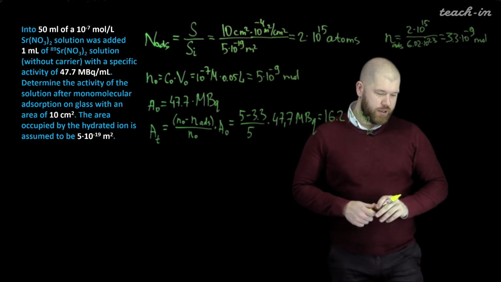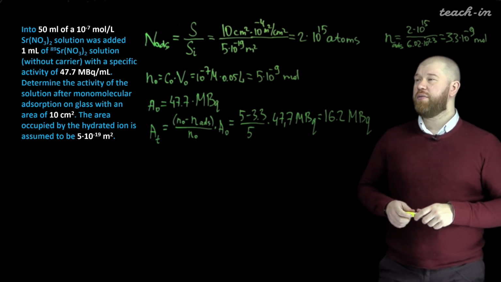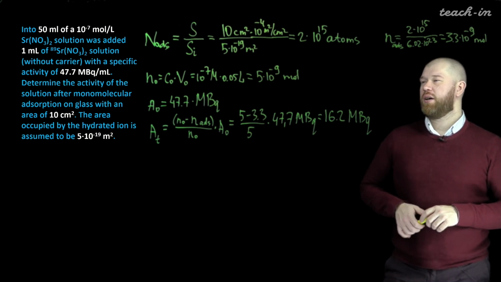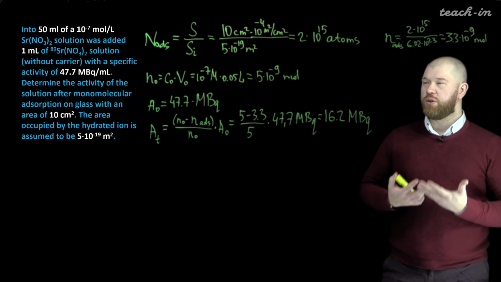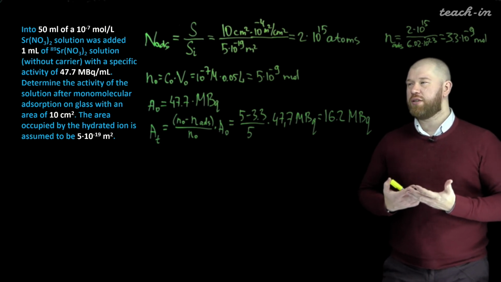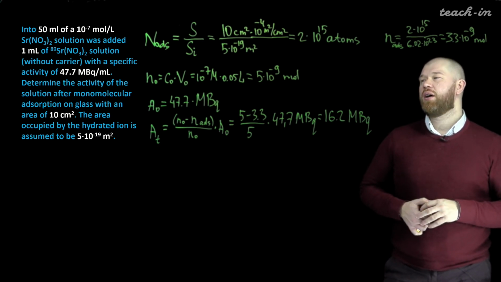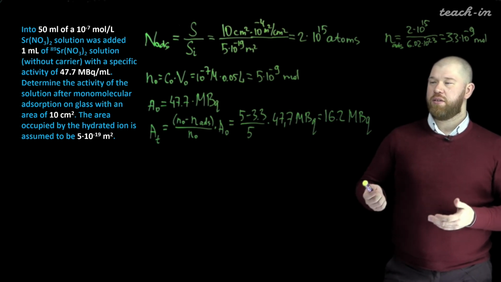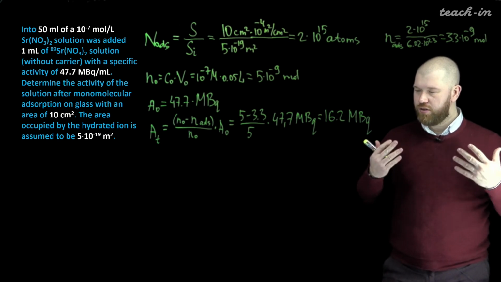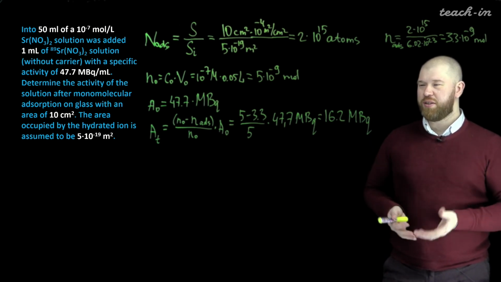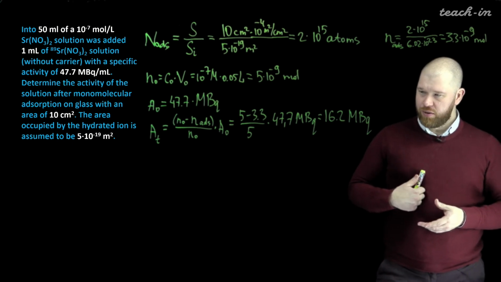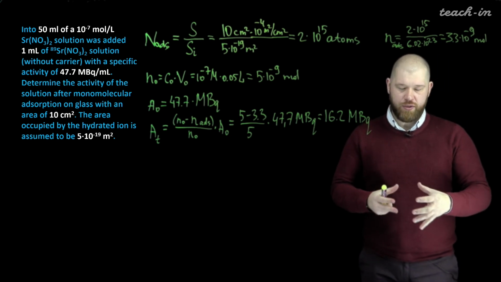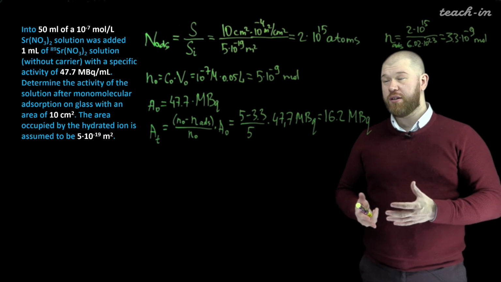So you can see from this example that if we have a small amount of radionuclide in the solution, in this case we have even stable strontium in the solution, so it's not just a radionuclide tracer, but still the amount is very low, and without any additional sorbents or extraction or precipitation, the activity of the solution will be changed just due to the adsorption of the strontium atoms by the glass walls.